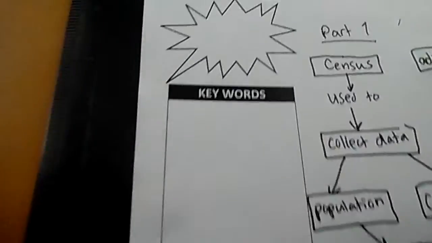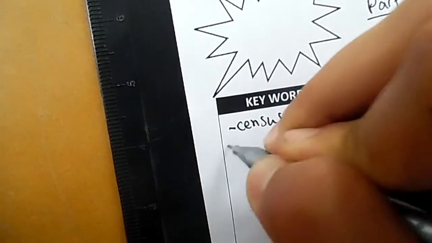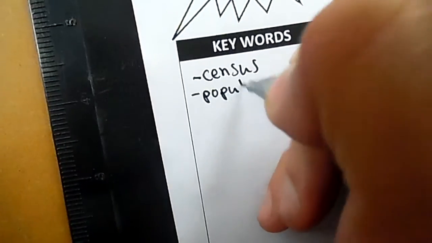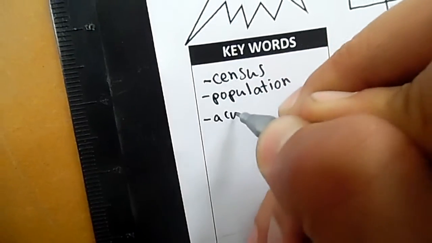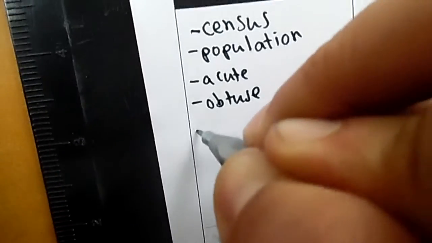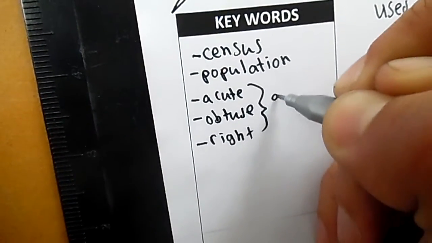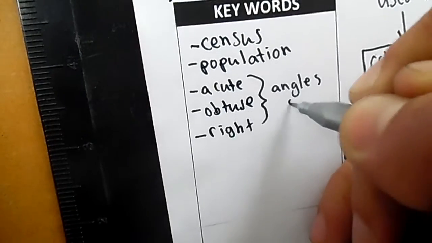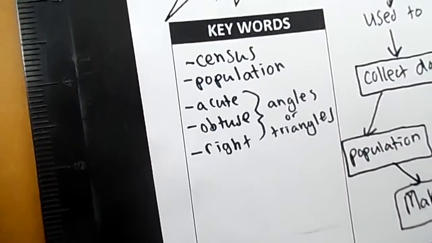So some keywords we're going to look at based on that. So the first one we have is census, population, acute, obtuse, right. These are all angles or triangles.